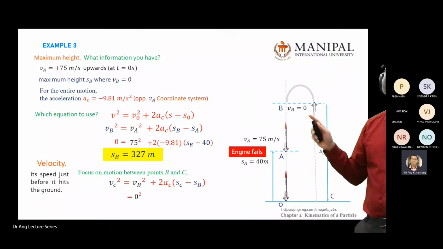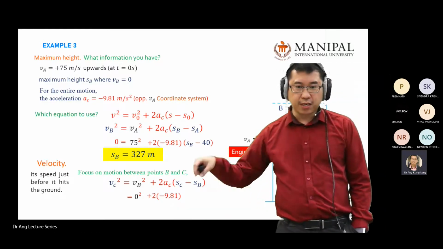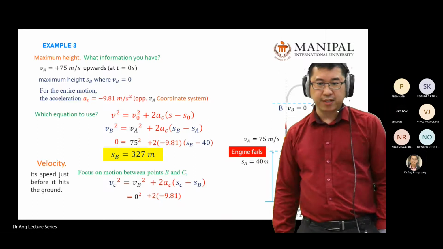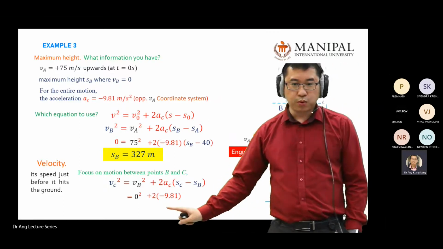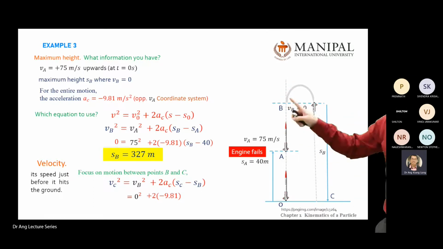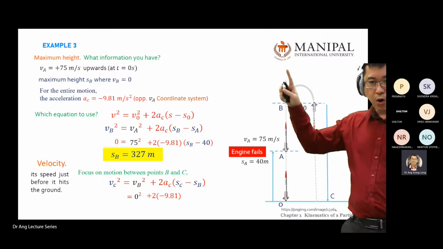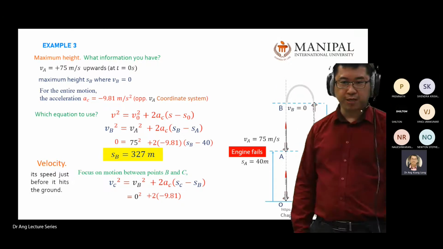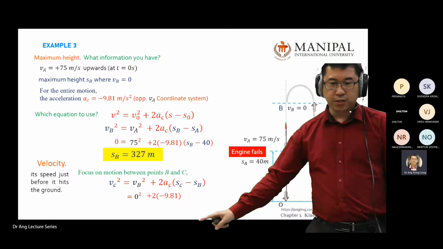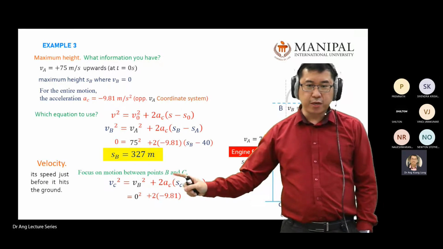VB, you know, 0. Again, acceleration is going downward. Continue to use negative because the overall system going up is positive. Going up is positive. So no matter how you change, the gravity always pointing downward.